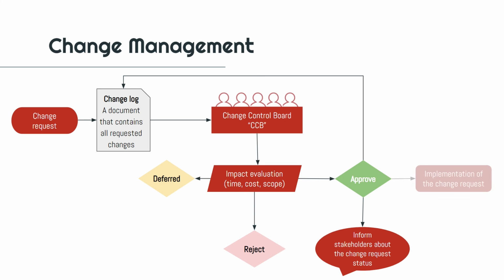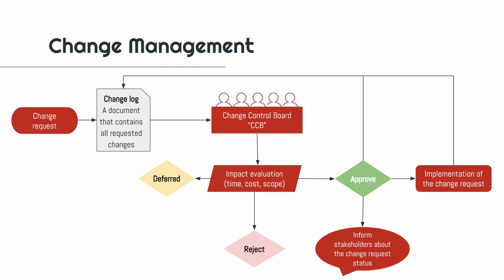And third, you are going to implement this change request. And as long as you are implementing the change request, you keep updating the stakeholders and updating the change log as well. So all these 3 actions are continuous until finishing implementing the change request.